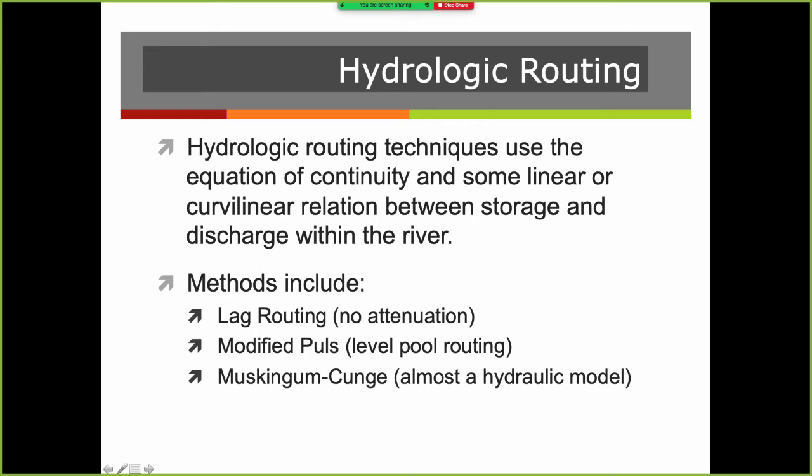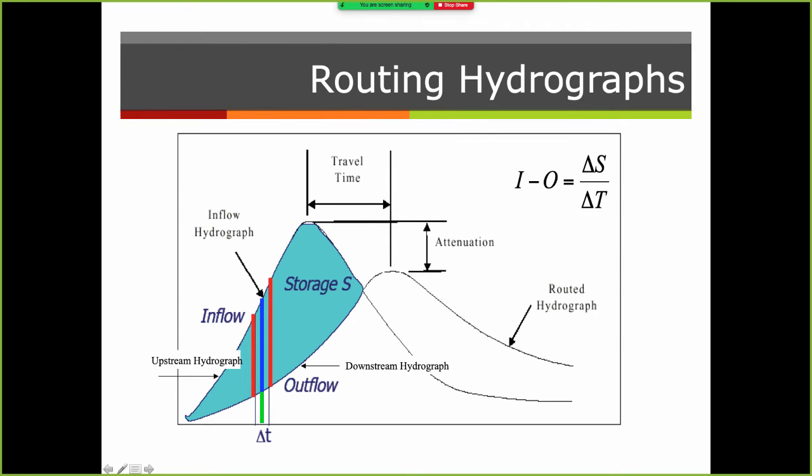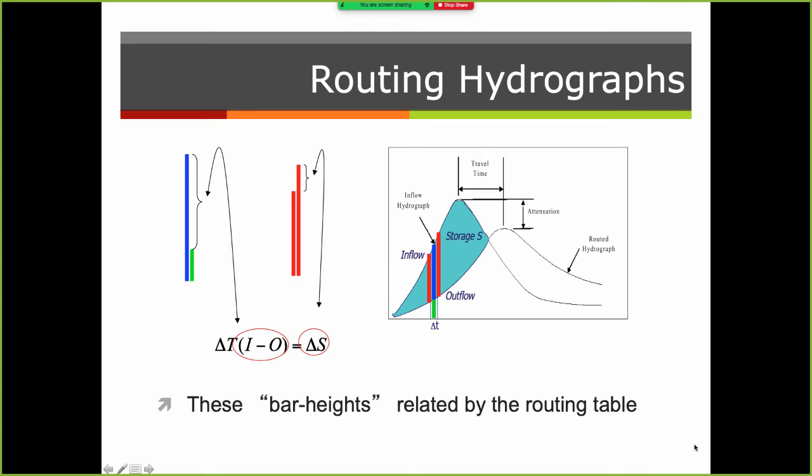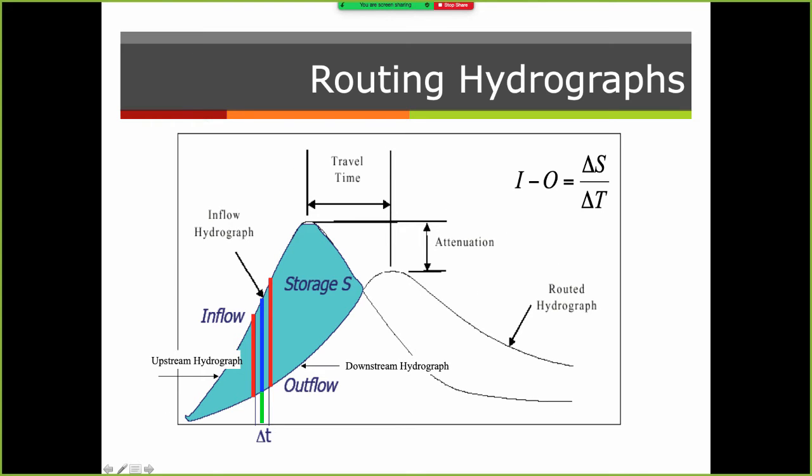In the hydraulic models, which we'll study next week, we'll be using SWMM as the computational tool. Today we're going to examine lag routing. And what lag routing does is it ignores attenuation. So lag routing strictly considers just the travel time. And so lag routing will take that inflow hydrograph and lag it a certain time to correspond to the distance that it traveled.